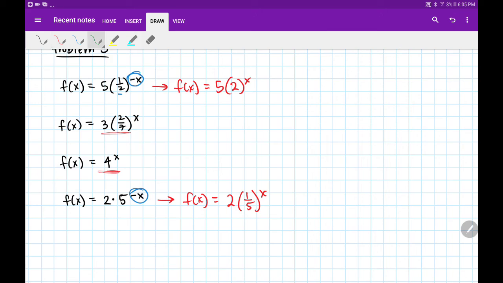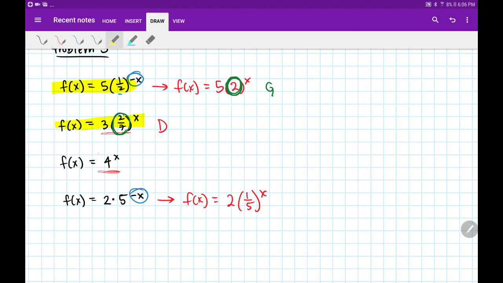Now these guys are good to go because there's no negative exponent, so they're easily identified. So let's start at the top. Growth or decay? My base is greater than 1, so growth. Okay, done. Next one, growth or decay? Well, 7 doesn't go into 2. 2/7 is less than 1, therefore decay.